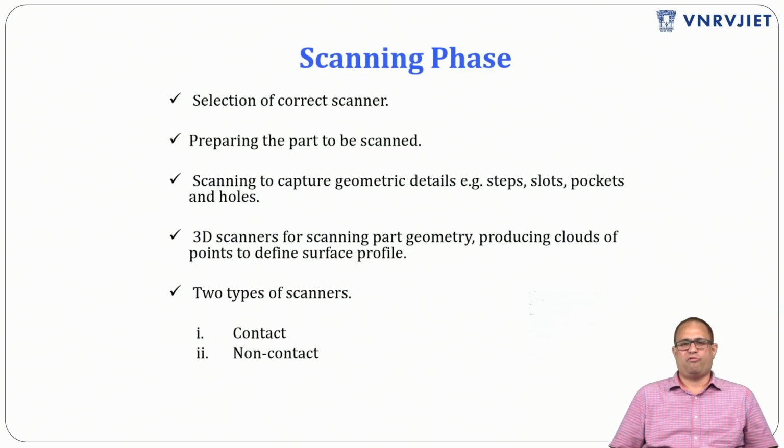Whatever data is captured is seen in the system, and based upon that, the scanning is done. Whereas with non-contact scanners, such as blue LED or lasers, a certain sort of light is focused on the surface of the model, the patch data or point cloud data is obtained in the system, and then processed in the software. So that's contact and non-contact scanners.